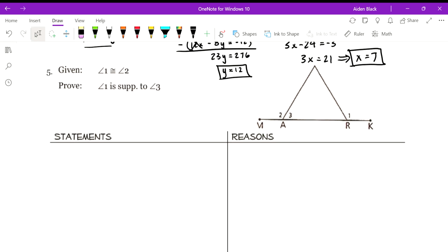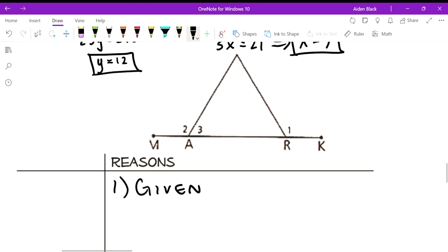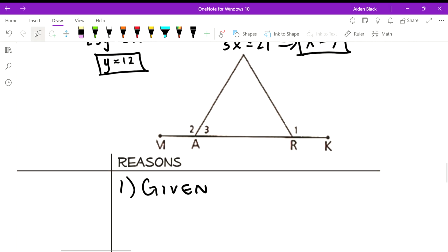Alright, let's do one more. We got this proof here, number 5. Angle 1 is congruent to angle 2 as our given information, so make sure you write down that given information. And we're trying to prove that angle 1 is supplementary to angle 3. So just a rough sketch of what's going on here.